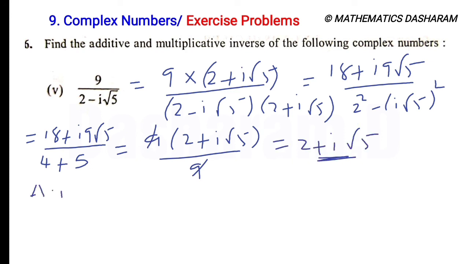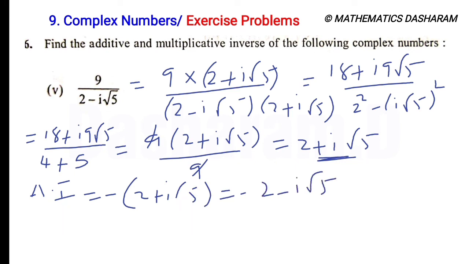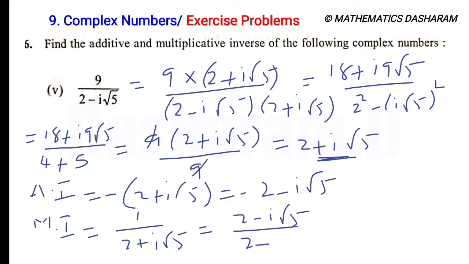Now the additive inverse of 2 plus √5 i is minus of (2 plus √5 i), so then minus 2 minus √5 i. Next, the multiplicative inverse is 1 by (2 plus √5 i). So now the numerator multiplies with 2 minus √5 i, that is the conjugate of the denominator, and the denominator also multiplies with the same term.